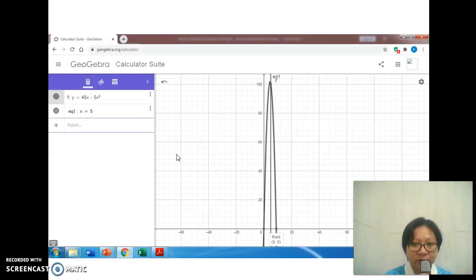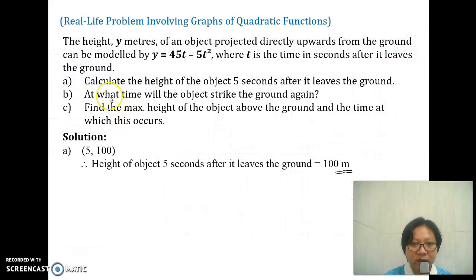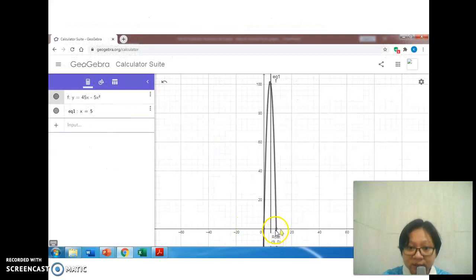Okay, next, let's take a look at the question first. At what time will the object strike the ground again? The object will strike the ground again when the value of y equals 0. This is when the object is first projected, and this is when the object falls on the ground.